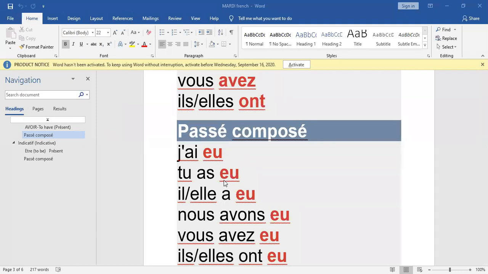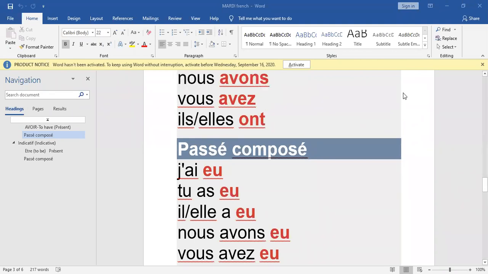No, this is French language. J'ai eu. Tu as eu. Il, elle a eu. Nous avons eu. Vous avez eu. Ils, elles ont eu. Which simply means what? I had, you had, he or she had, we had, you had, they had.